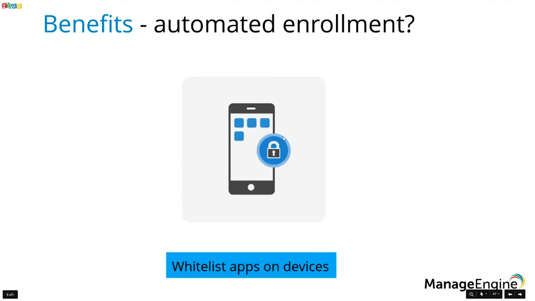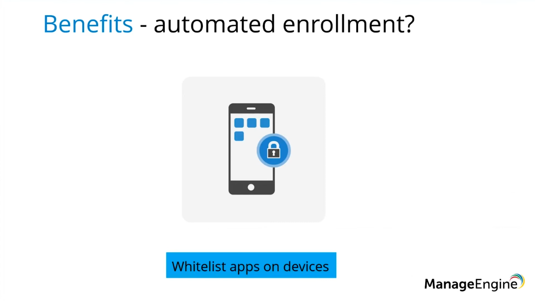Say you might have some point of sale devices, or you might need to distribute devices to delivery technicians, or you come from an educational background where you want to deploy these devices to students, or even in the medical industry. Likewise, if you want to lock your devices with only certain applications, you can do that only if the devices are enrolled through these automated or device owner methods.